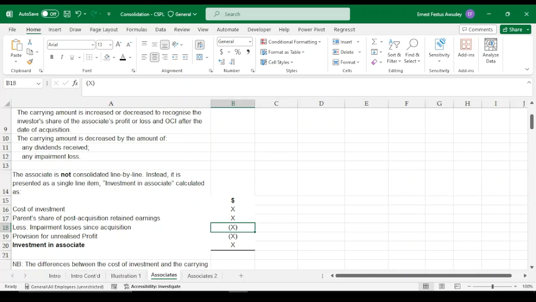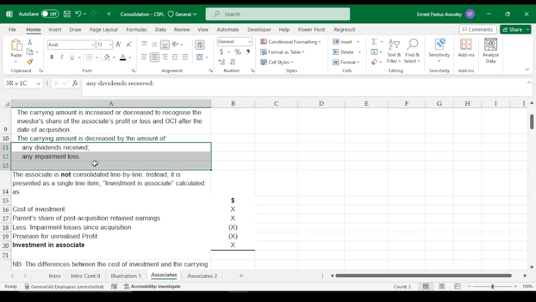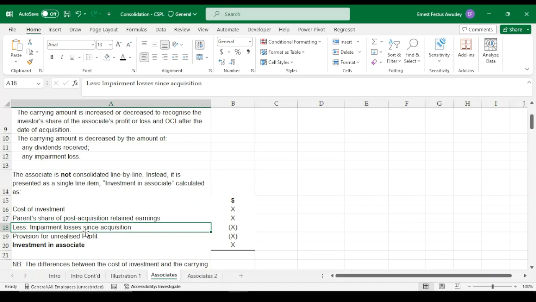Then you subtract, or less, impairment losses, if there are any, in the associates.